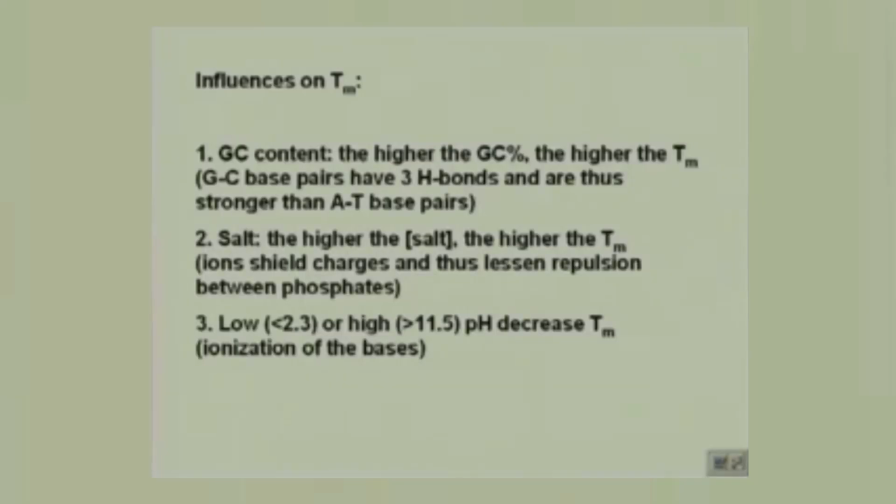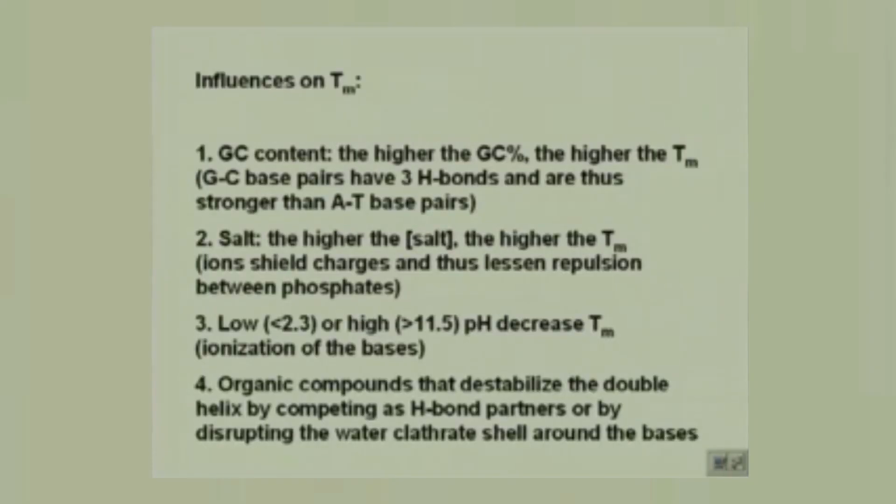Again, the same thing when you increase the pH, you are disrupting the hydrogen bonding. So, how is that going to affect the Tm? It will decrease the Tm, because you are resulting in a larger disruption. All you have to think about is what effect each of these is going to have on the forces that are stabilizing the DNA, right?